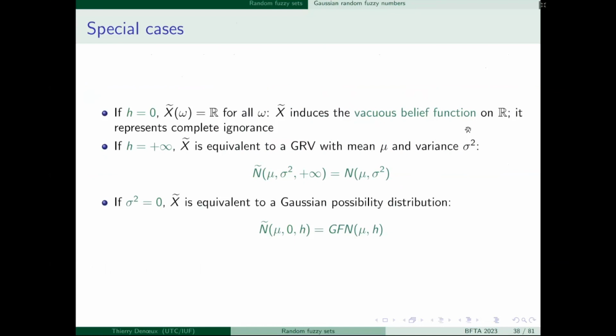So what if sigma squared is infinite? Sorry? What if sigma squared is infinite? When sigma tends to infinity, there's nothing. The variance cannot be infinite. This is the identity in Dempster's model.